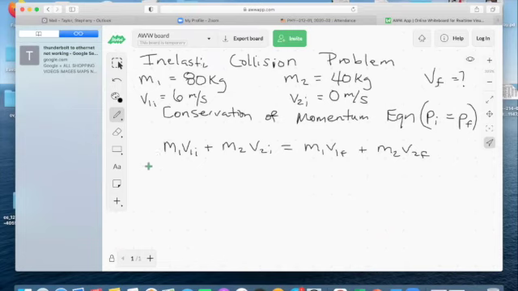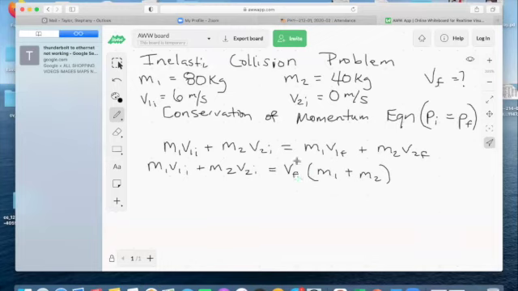So M1 V1 initial plus M2 V2 initial is equal to, and let's factor out these final velocities. Let's just call it V final. Since they're colliding together, we don't need to separate them into 1 and 2. Let's just do it all in one swoop. If you take out V final, you'll have the mass of the grandma plus the mass of the grandchild.